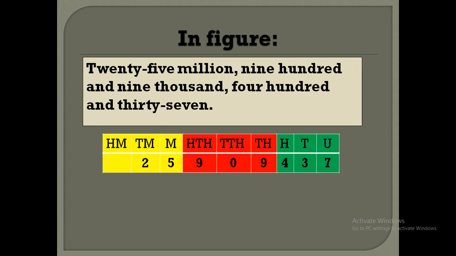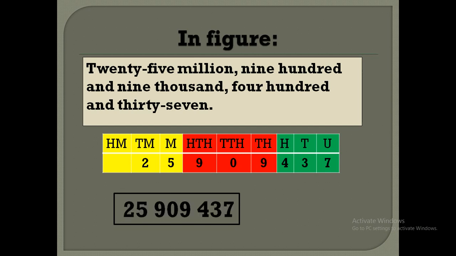I am placing all the numbers according to the place value in the place value chart, and now it's easy to write the number that is required, like 25,909,437. So students, it's a very easy way to write a number in figures and words.